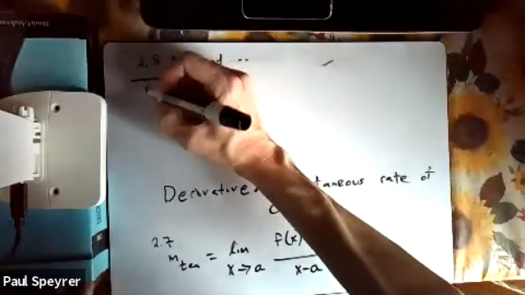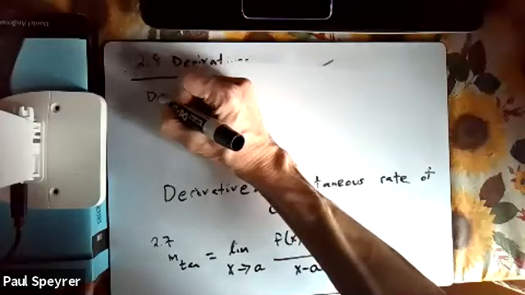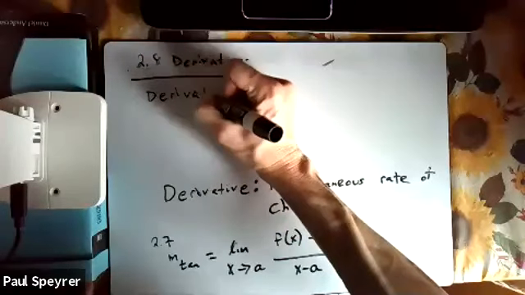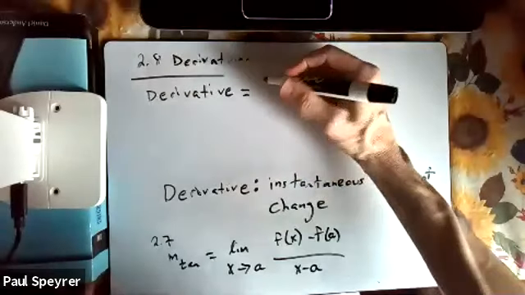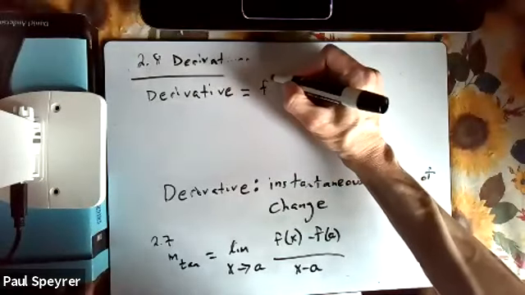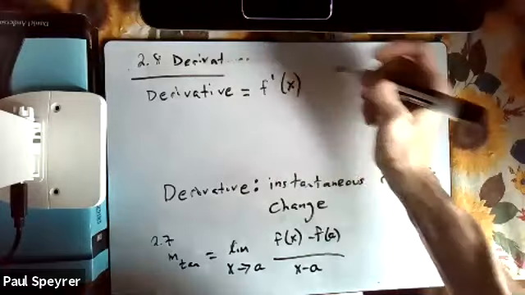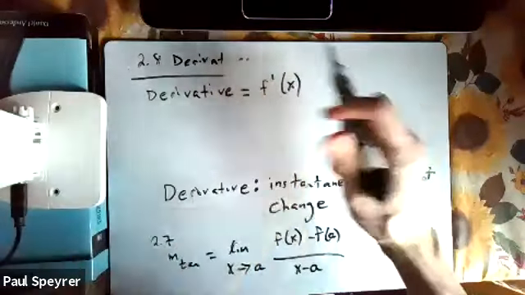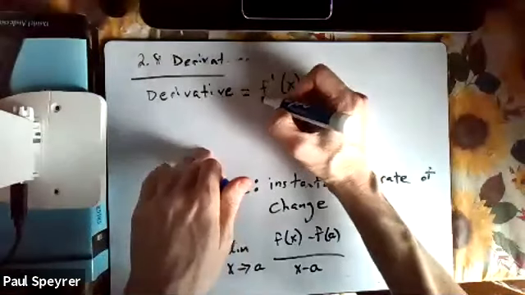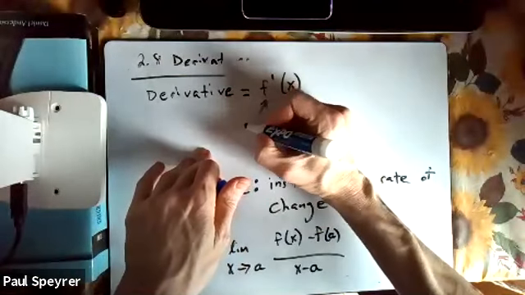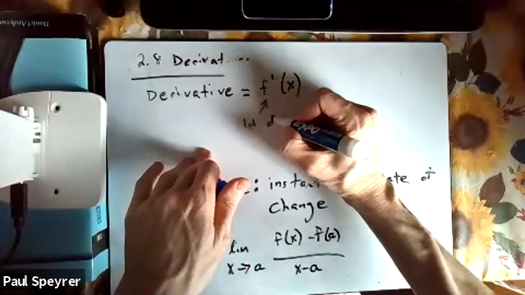So the derivative, which we're going to call this right here, you may see it like f prime of x. This means first derivative. When you see this little 1, that's what we denote as the first derivative.